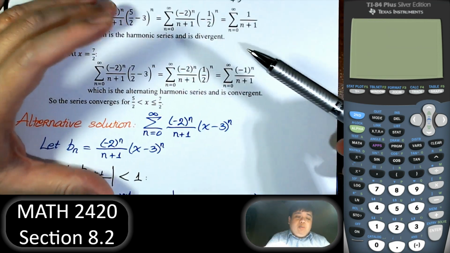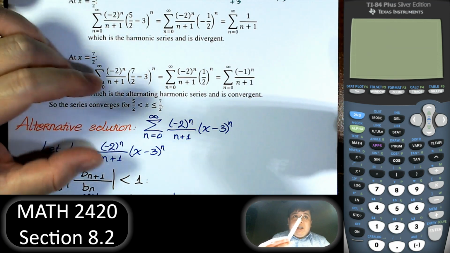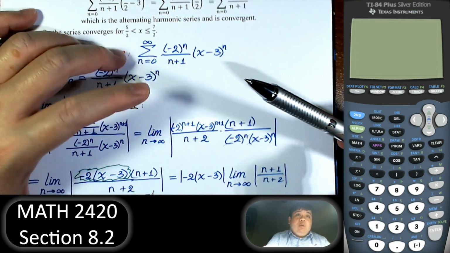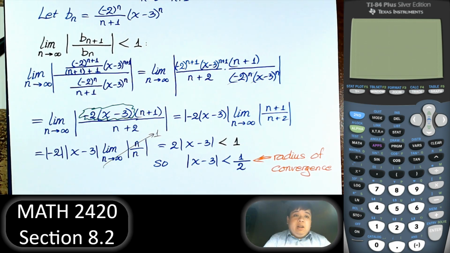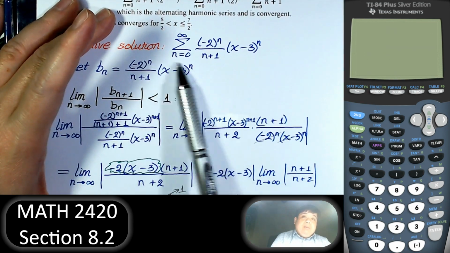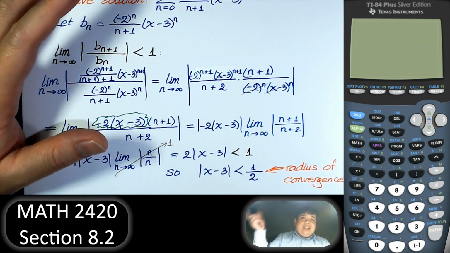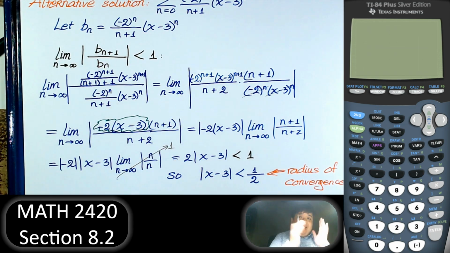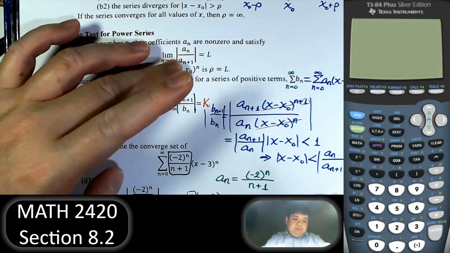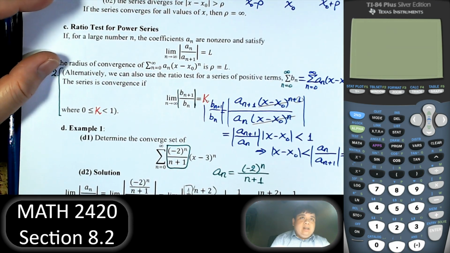Right, the rest of the problem will be similar to it, so I'm not going to write it out. But I'm just going to write 2 different forms of the ratio test. Both of them give us the same thing. If we take the whole thing to be b sub n, it's going to be the next term divided by this. If we're going to ignore the power terms, it's going to be this divided by the next one. So there are 2 different forms here.